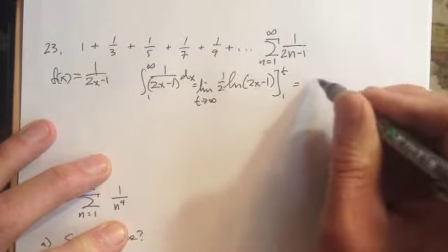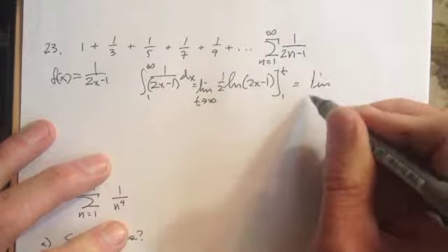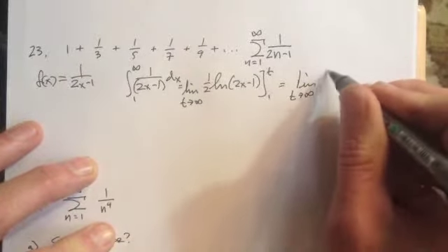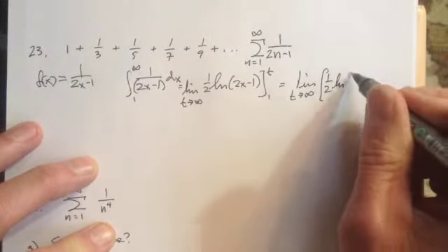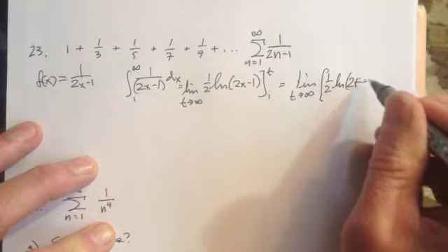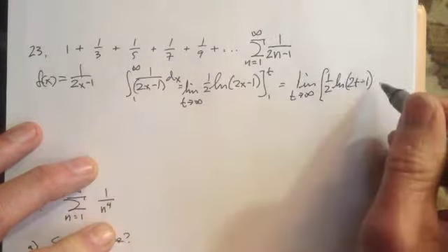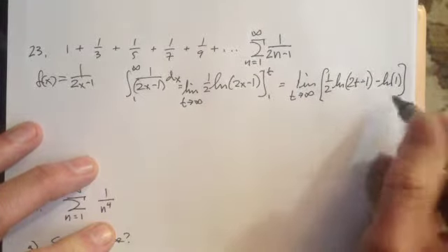So I just get the limit as t goes to infinity of 1/2 ln of 2t minus 1, and then when I plug in 1, I get minus the ln of 1, which is 0.